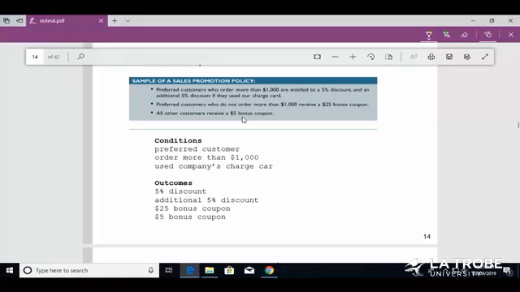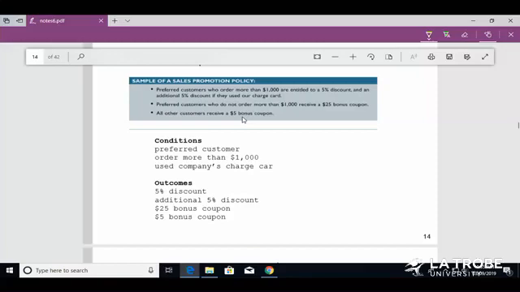Preferred customers who don't order more than 1,000 receive a 25 bonus coupon. Previously we had preferred customers who order more than 1,000. Now the case is preferred customers who don't order more than 1,000. What will he receive? A 25 bonus coupon. All other customers receive 5 bonus coupons.